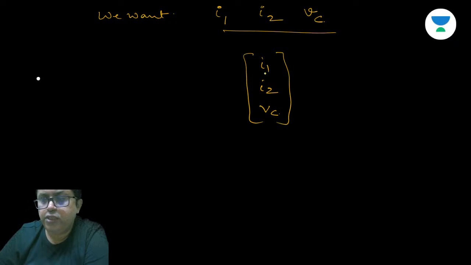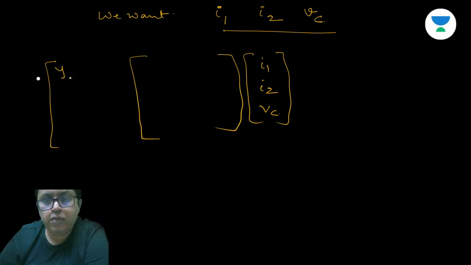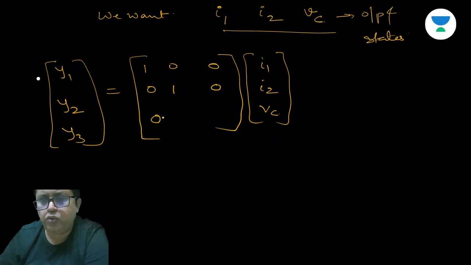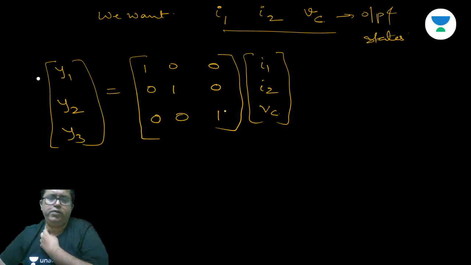This is the X matrix. What will the C matrix be? Outputs Y1, Y2, Y3 are the outputs and states. First entry is only I1, next is 0. Second entry is only I2, next is 0. Third entry is only VC. So this is the C matrix.